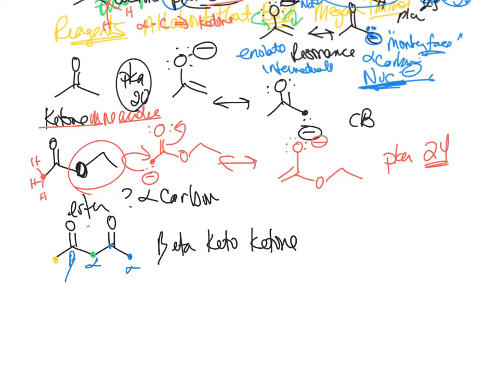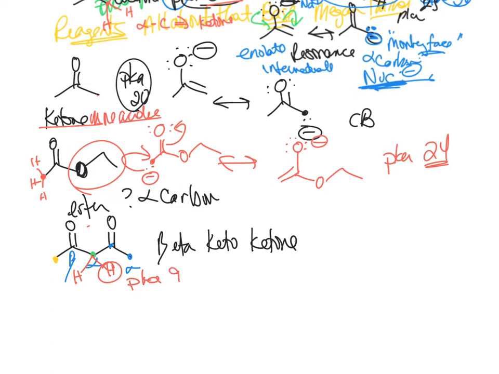Those are the carbons right next door to a carbonyl. So which one's your most acidic? You're going to have to do that sometimes. It will be this one. The pKa here is a 9.